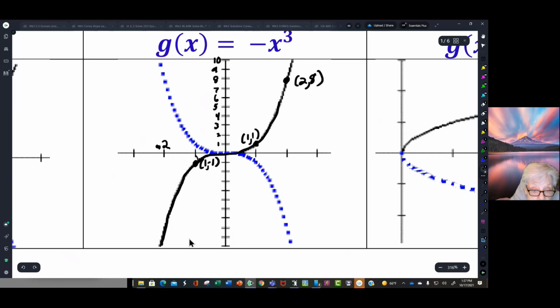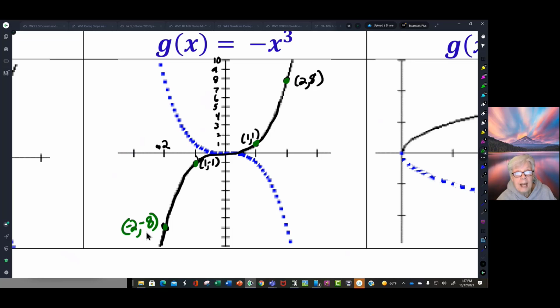Negative 2 cubed is negative 8. Okay. There. And there. And there. So this is the point negative 2, negative 8 on the basic graph.